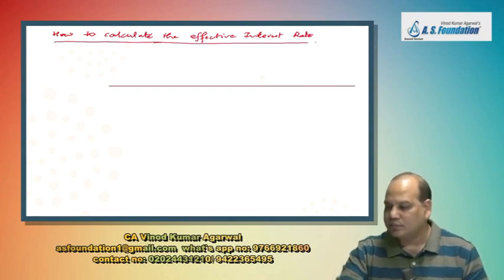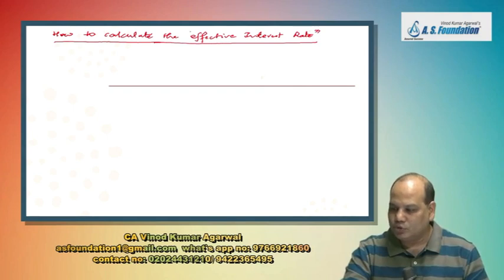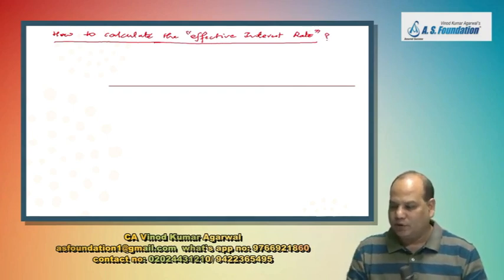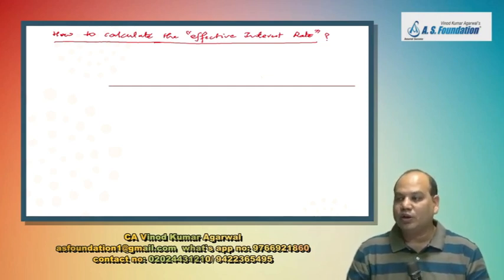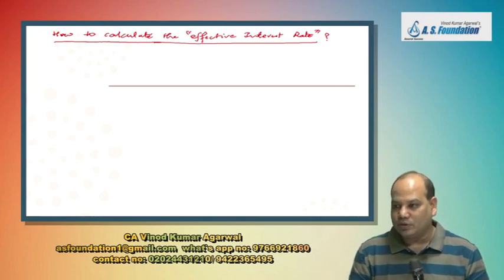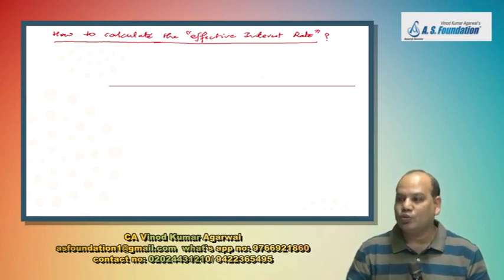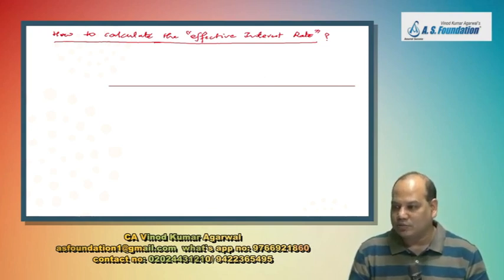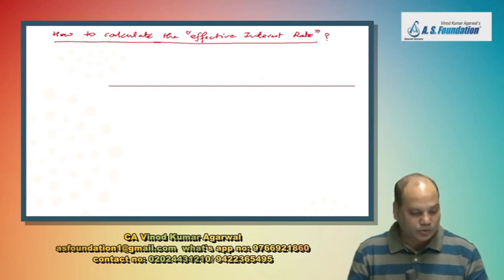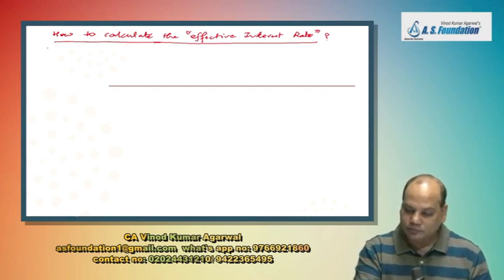Generally in the exam, you will be supplied with the effective interest rate if it is a question on IAS 23. So take that rate for all calculation purposes, not the coupon rate or the contractual rate. Still, one small example we will solve.